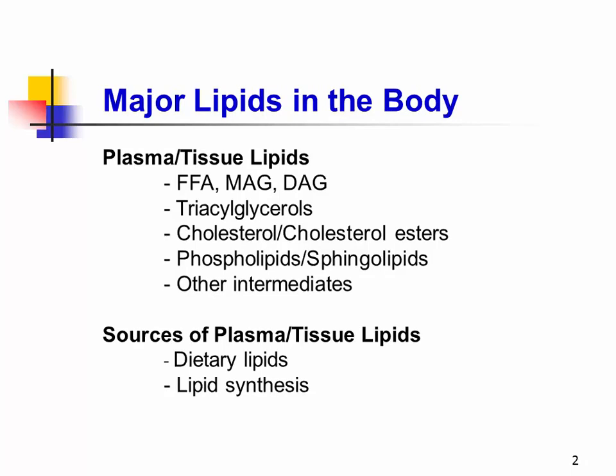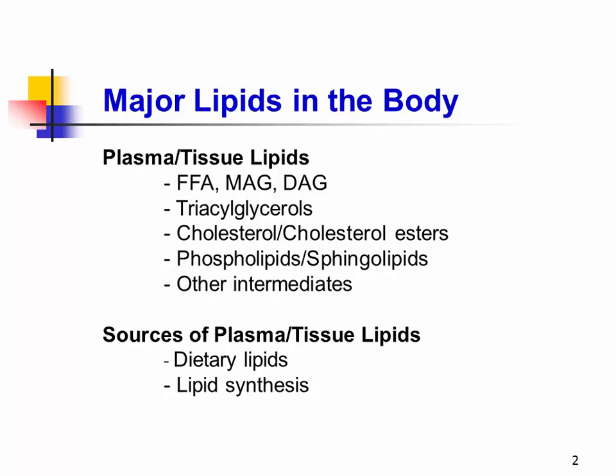So lipids, we know the major lipids in our body include lipids present in the plasma or the tissue cells, and this will include free fatty acids, monoacylglyceride, diacylglyceride, and triglyceride, right? And also we have other types of lipids like cholesterol esters, phospholipids, sphingolipids, and other intermediates of lipid metabolism.